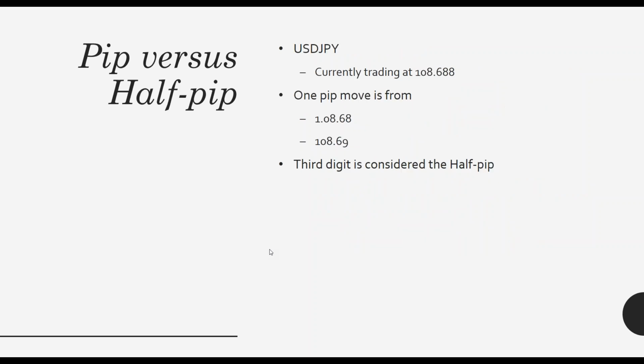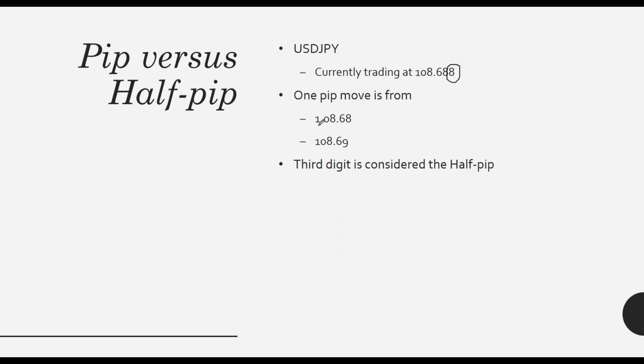Now, let's discuss the pips versus the half pips. Typically, on the USD JPY, let's say it's currently trading at 108.688. This last digit, which is the 8, is considered your half pip.